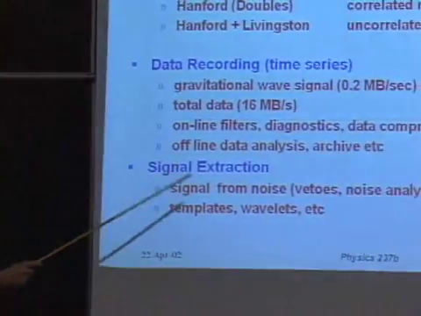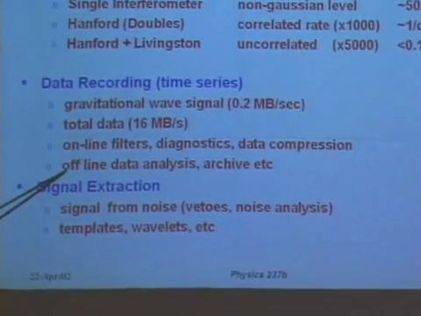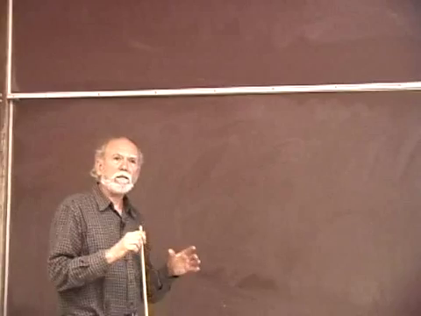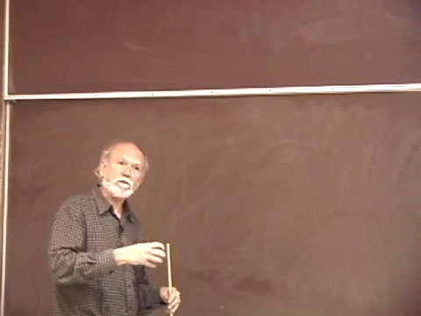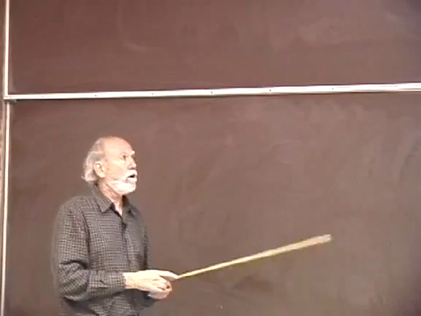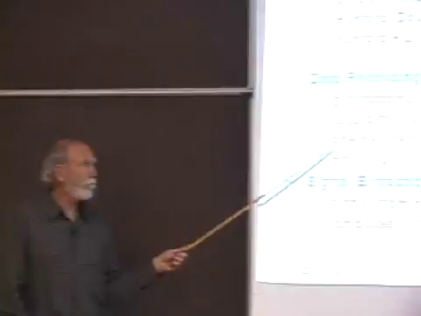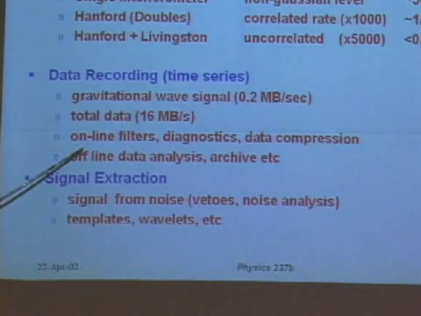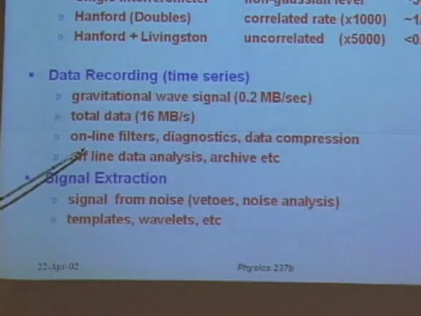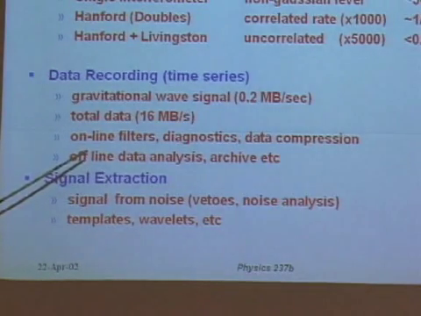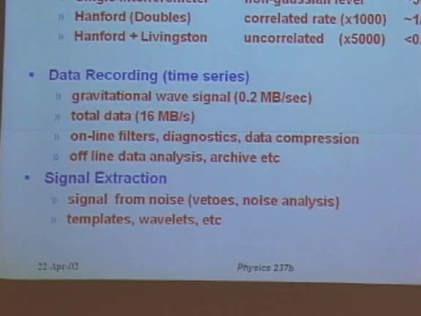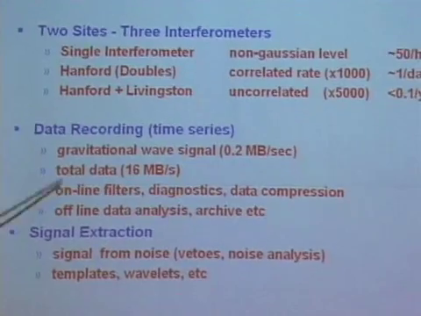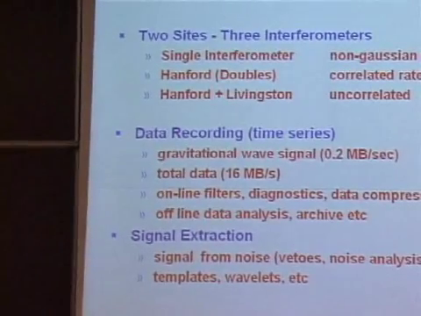We do data analysis both online and offline. By online, what we mean is either directly in the control room, where people get signals and they can maybe affect the instrument, or something that's done from the amount of data that we store locally on the disk quickly enough to give information back, maybe not directly online, but the next shift or next hour or next time somebody who is an expert sees something in the data to give back to the operators.